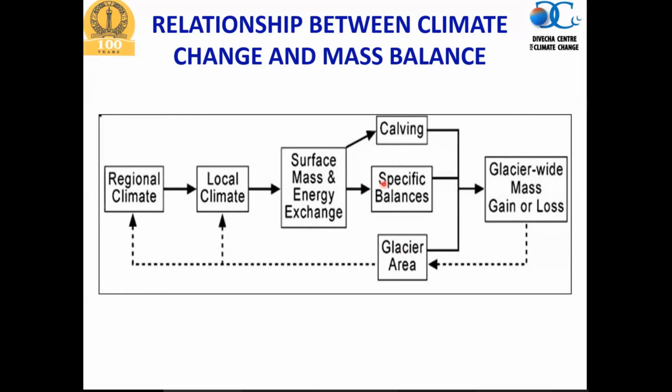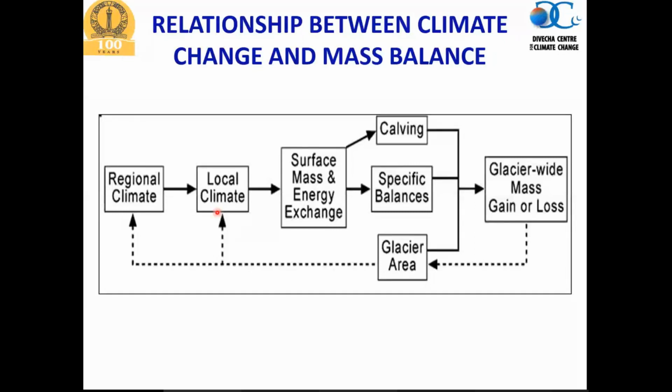And then you can go for the entire area and the glacier-wide gain or mass loss. Glacier-wide gain or mass loss will further influence the glacier area, and glacier area is further going to influence the regional climate as well as local climate. So in a sense, it is a feedback mechanism. That means the climate influences mass balance, and mass balance influences glacier area, and glacier area influences local climate as well as regional climate.